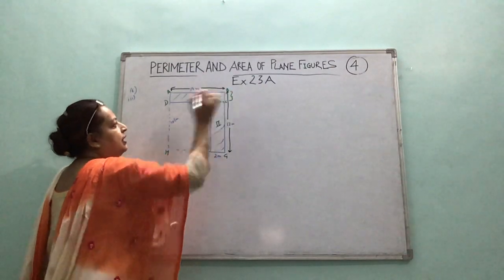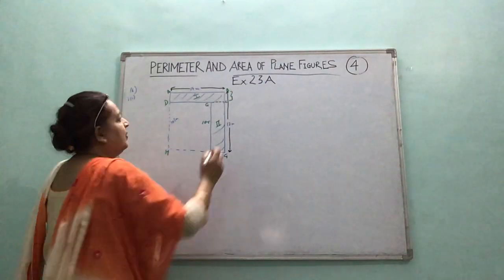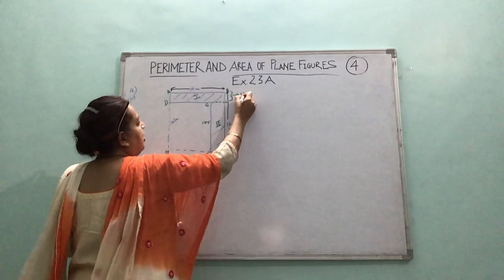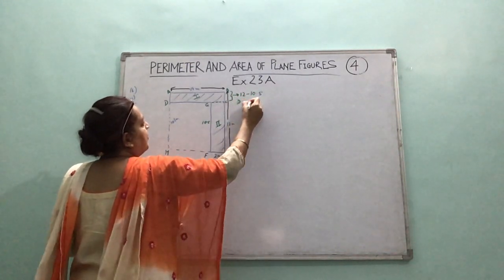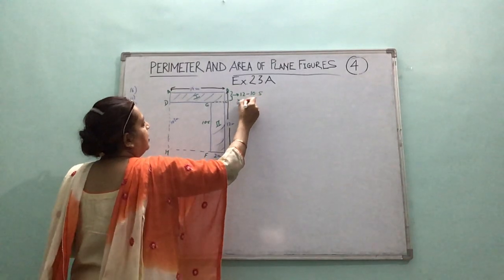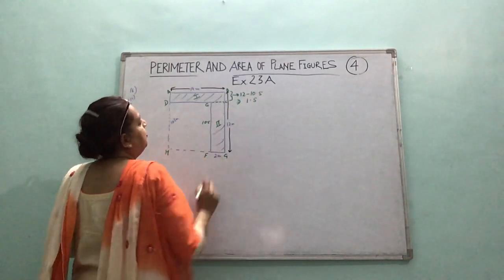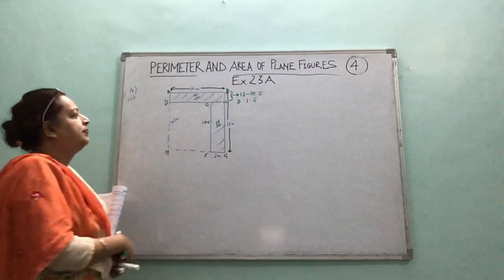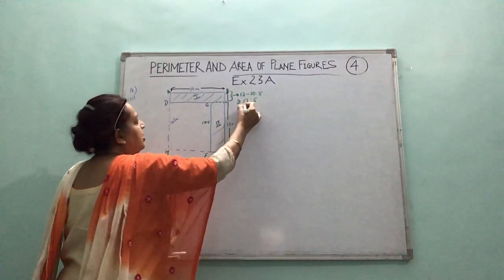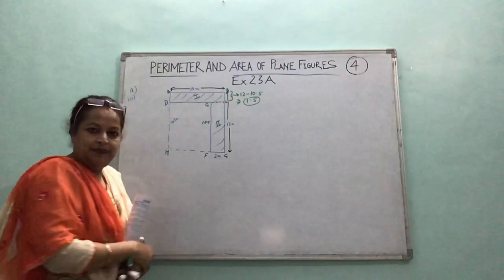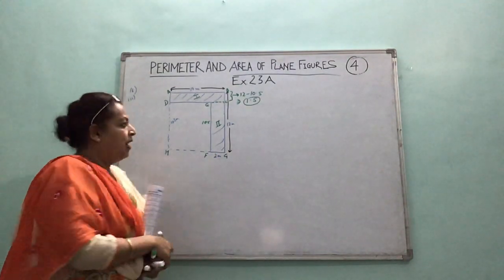So this length should be how much, children? This should be 12 minus 10.5, which is 1.5 meter. So this width is how much? 1.5 meter. Right? How did we get it?